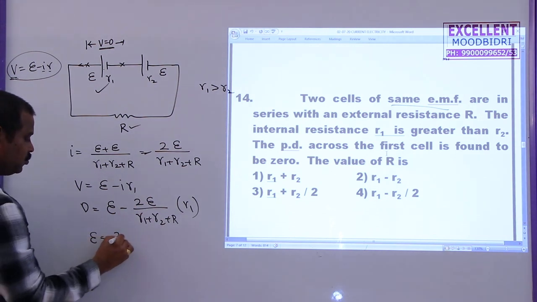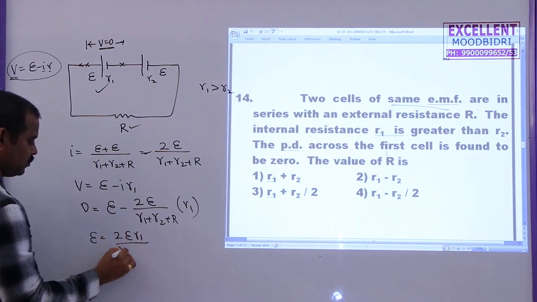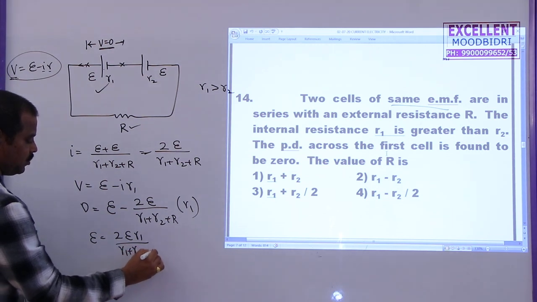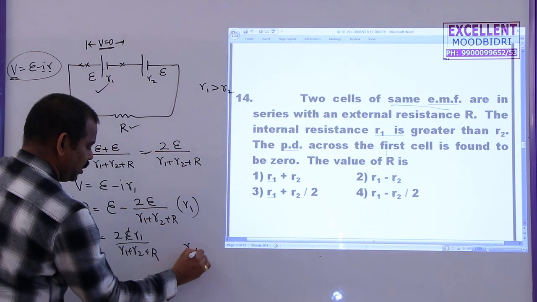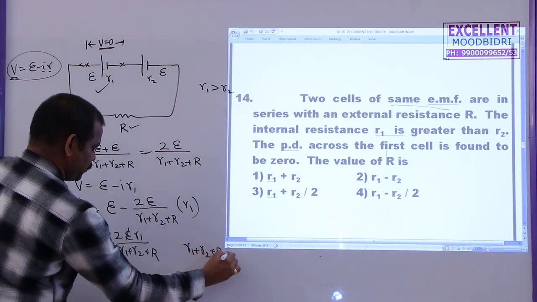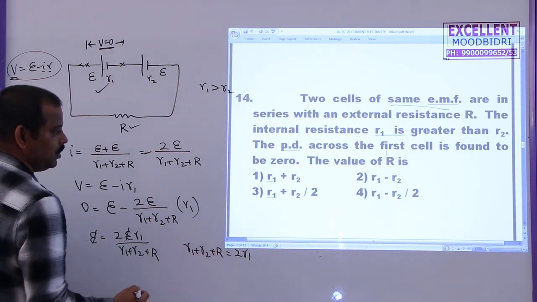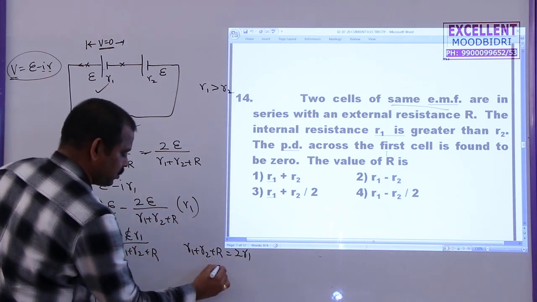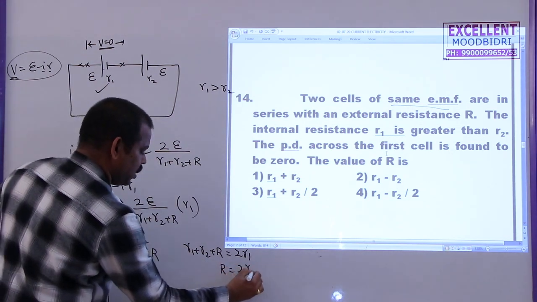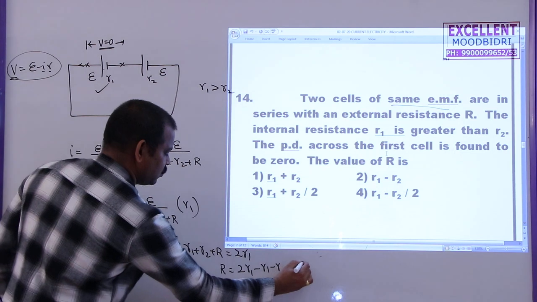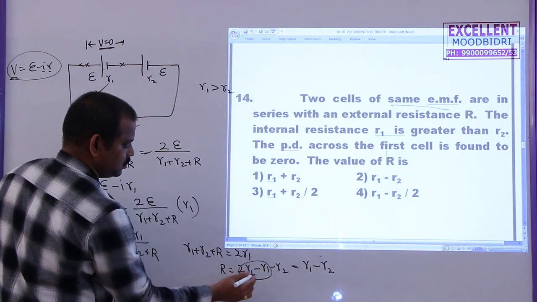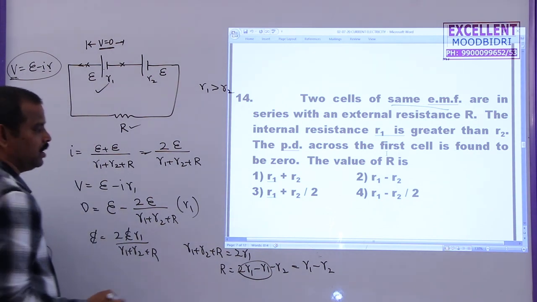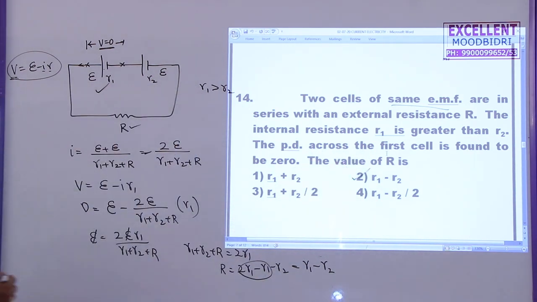So E is equal to 2E R1 by R1 plus R2 plus capital R. This E and E get cancelled. This will become R1 plus R2 plus capital R is equal to 2R1. We need to find out capital R value. So capital R is equal to 2R1 minus R1 minus R2. That is nothing but R1 minus R2. So the correct option is 2.